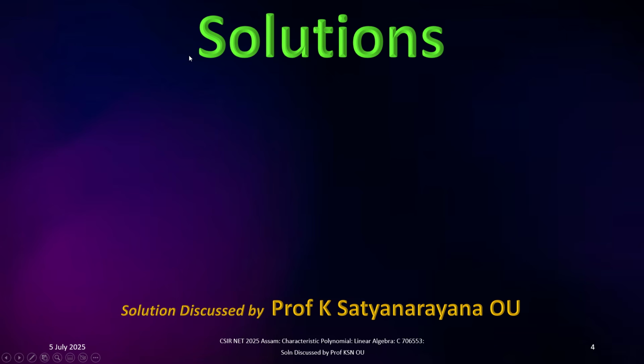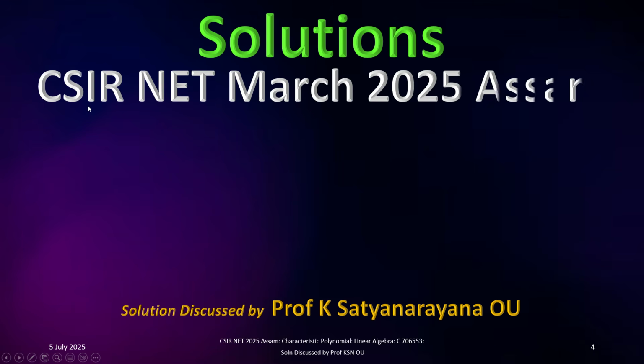We continue the discussion of the solutions of the problems from the question paper CSIR National Eligibility Test held in the month of March 2025. This is a rescheduled examination for Assam Center.